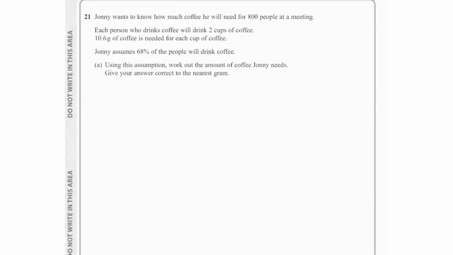So firstly, let's find the number of people who will be drinking coffee. So that's going to be 68 over 100 times 800. And that's going to give us 544. Now next, they told us that each person will drink 2 cups of coffee.